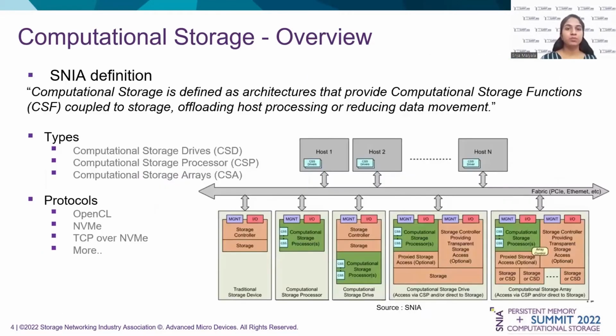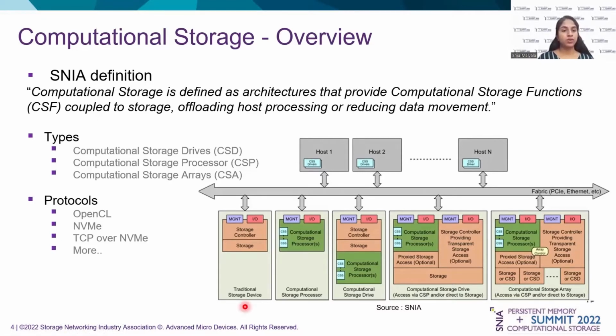SNIA defined computational storage as the one that provides computational storage functions coupled to storage, offloading host processing, or reducing data movement. There are three different types of computational storage devices as shown here. The one to the left is a traditional storage device where there is no computation involved.